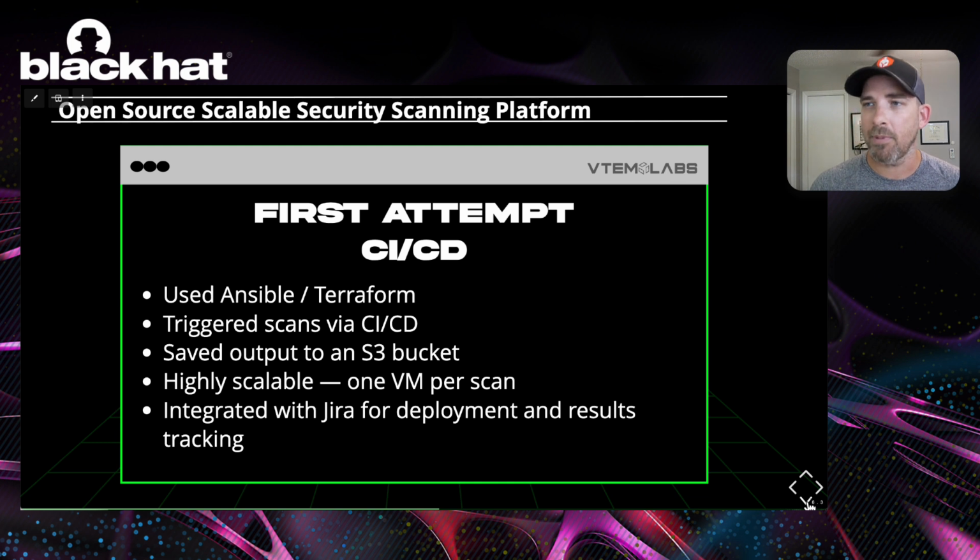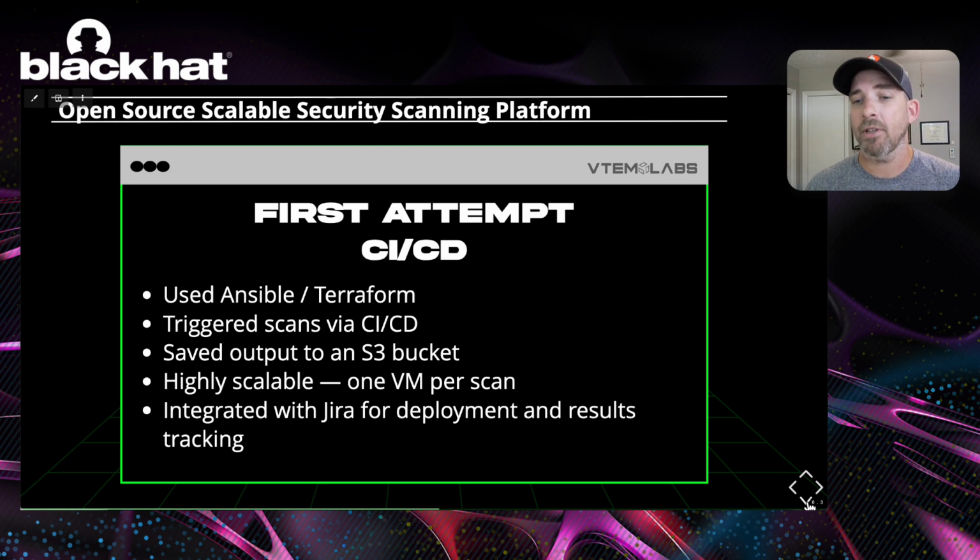Another name for this is GitOps, but in essence, you store all of this code in a Git repository and you use some kind of runner to start it. I would start the scan, and eventually the scan would run some Terraform and deploy a virtual machine. Once the virtual machine was online, it would execute Ansible to actually run the scan, and it would save that output to an S3 bucket.